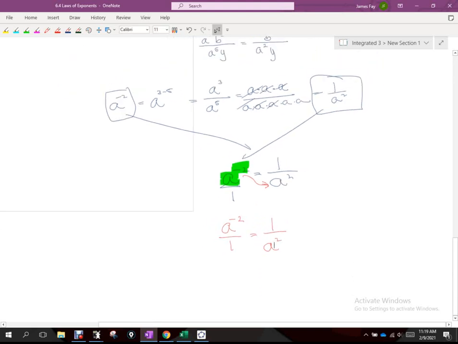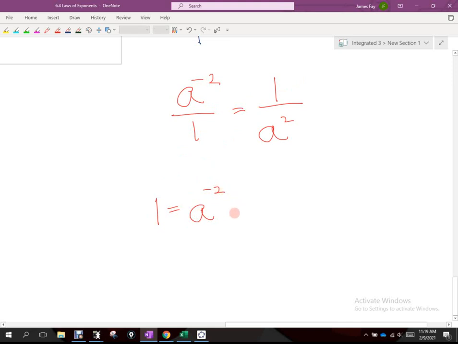If you cross-multiply here, you guys know proportions, right? Cross-multiplying. In a proportion, if I cross-multiply, 1 times 1 in this case should equal a to the negative 2 times a to the positive 2, right? Is that true?